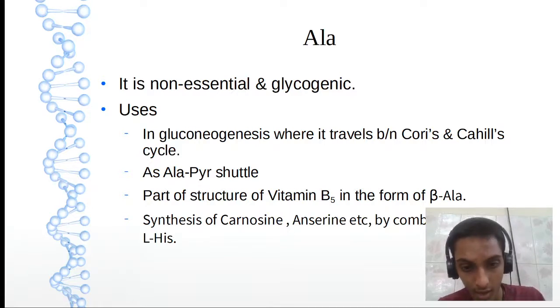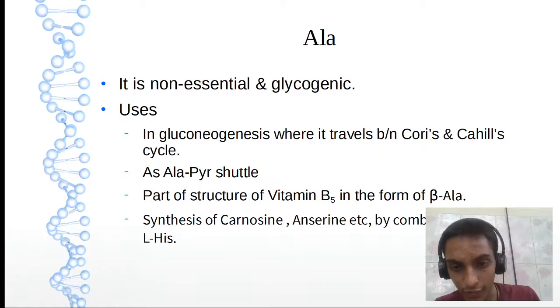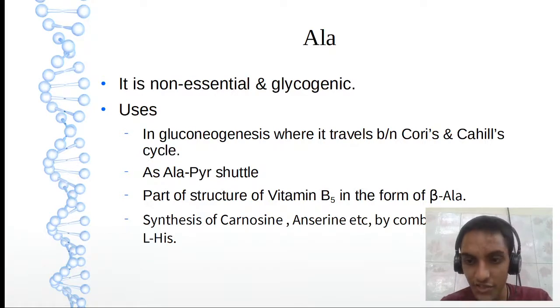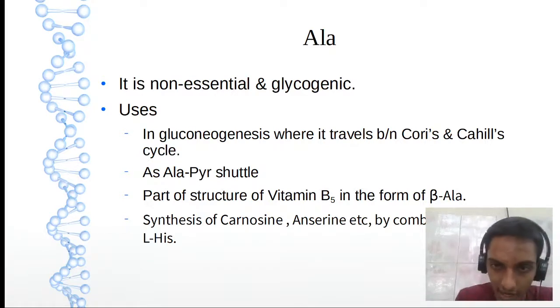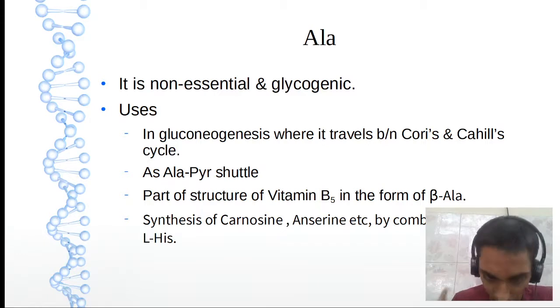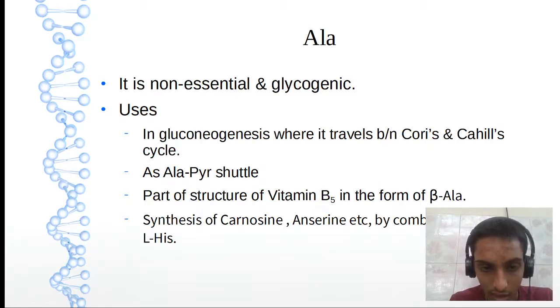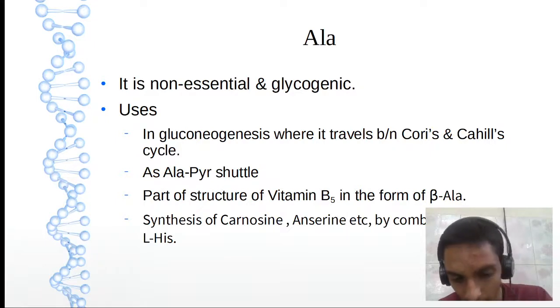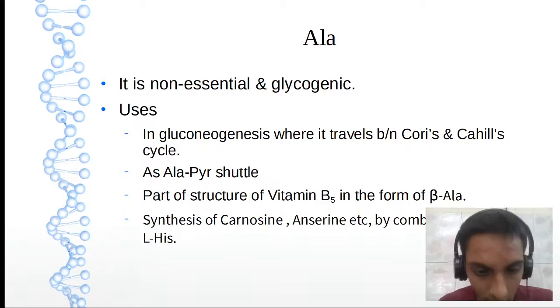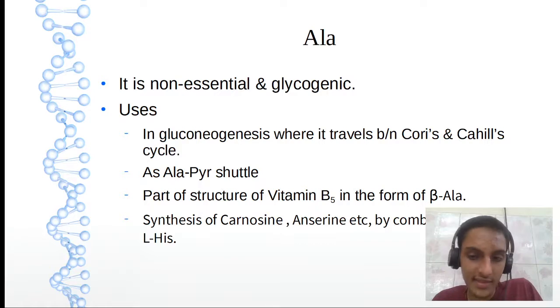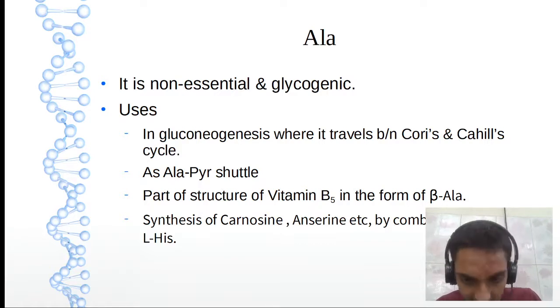Okay, and this is a part of the structure of vitamin B5, pantothenic acid. This had a component called beta-alanine. So first we had pantoic acid, then we had beta-alanine, okay, and then we had the ribose sugar, okay. This is also important for the synthesis of carnosine and anserine.